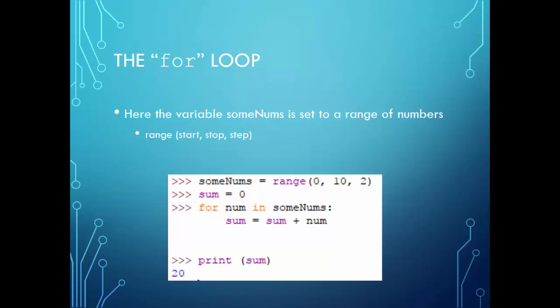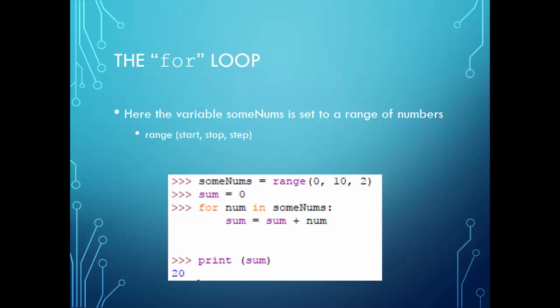Now, here's another example. Sometimes we want to use a range. We may want to ask the user, how many times do you want this to happen, and then we can use that variable to create a range.